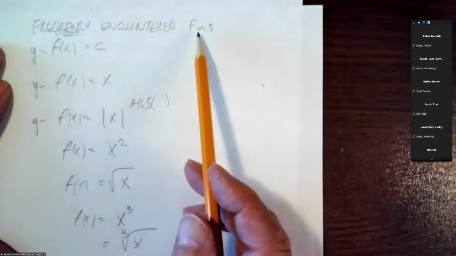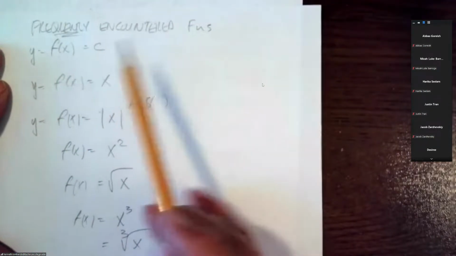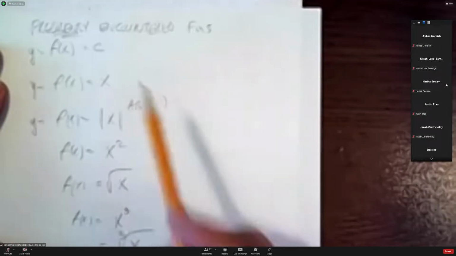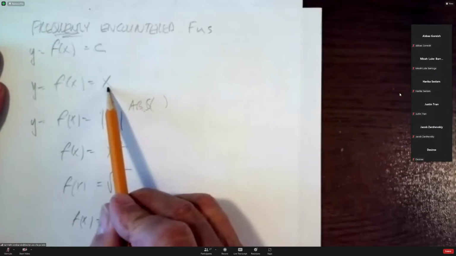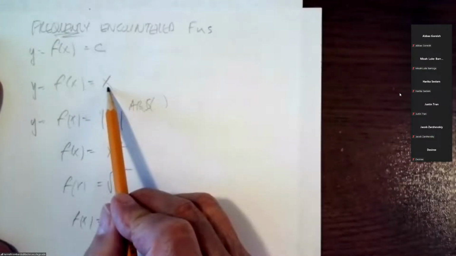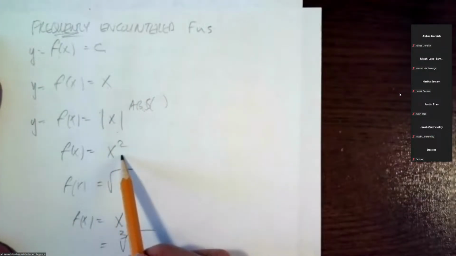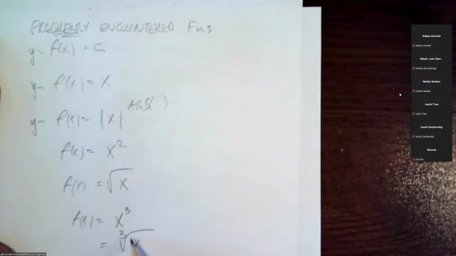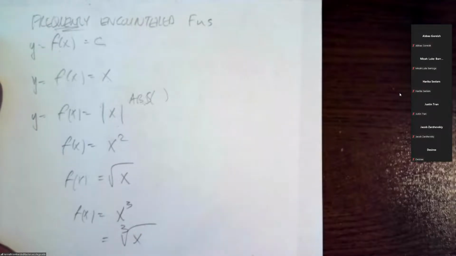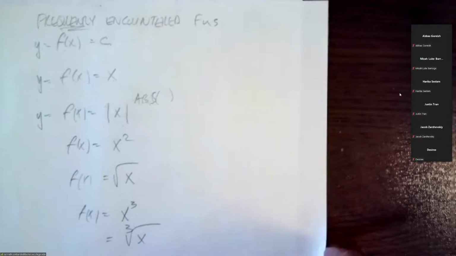So frequently encountered functions, the ones we're going to talk about are constant, y varies directly with x, absolute value, squared, square root, cube, and cube root. So let's just take a look at some of those functions and see what they look like.